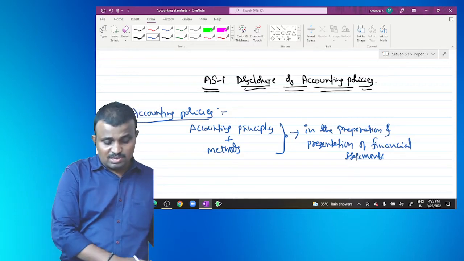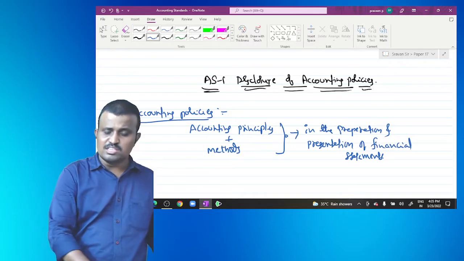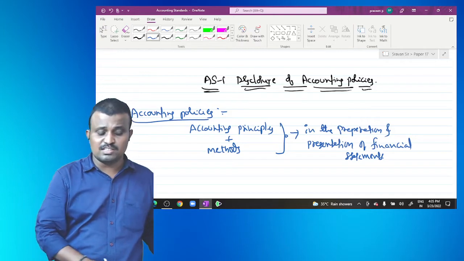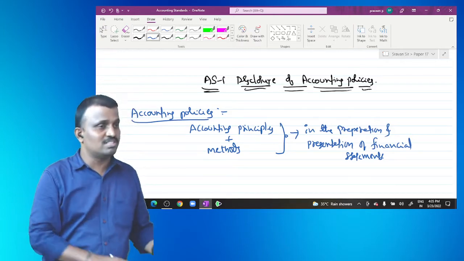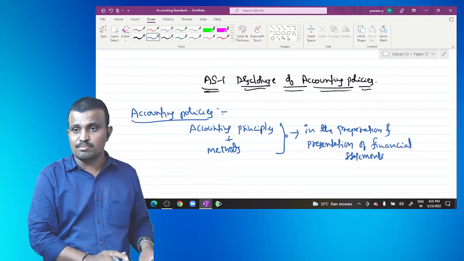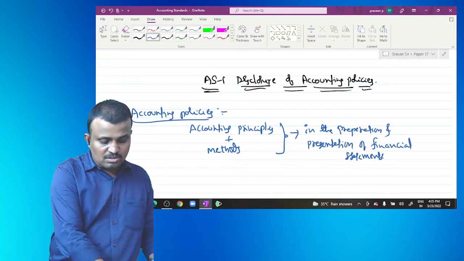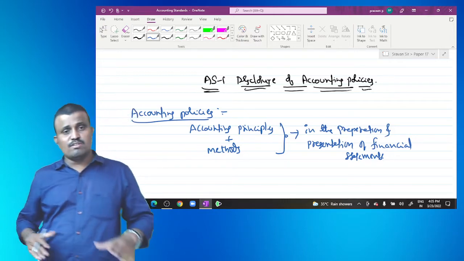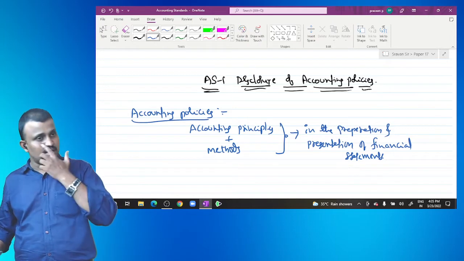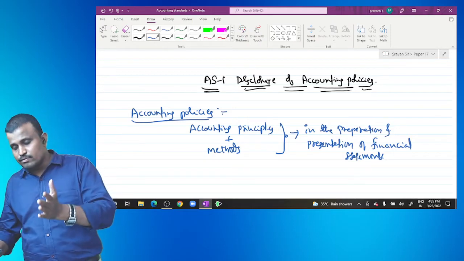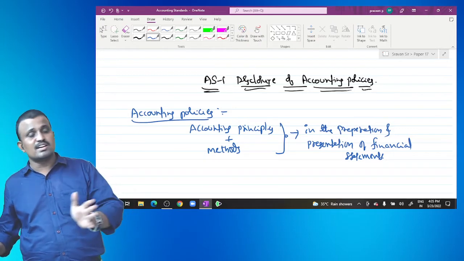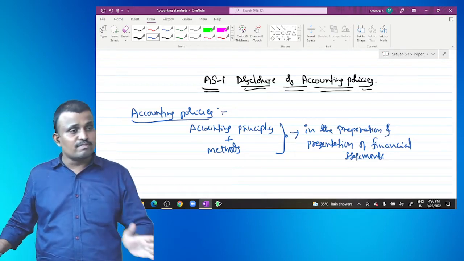There are various accounting policies relating to some transactions, where more than one accounting policy is available. For example, in depreciation, we have the straight line method, the WDV method, and the sum of years digits method.